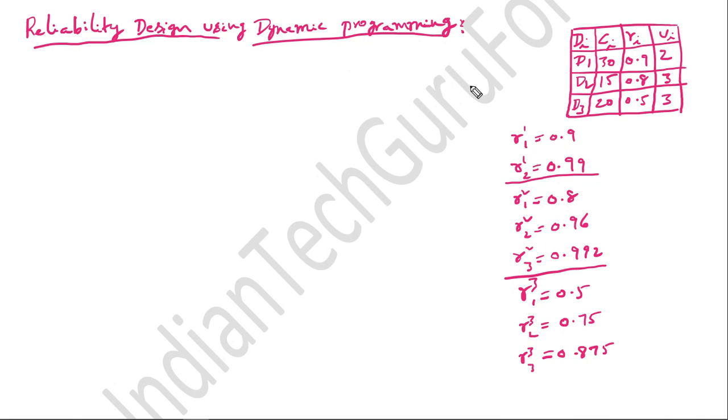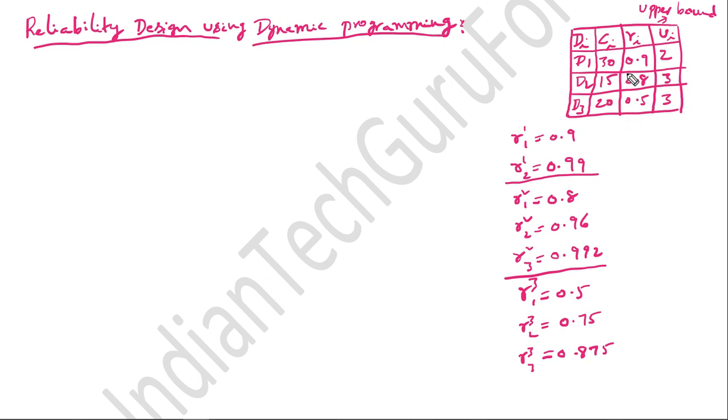So in the previous video, we have seen how to calculate the upper bound values. Here U represents the upper bound. The given values are how many devices there are, the cost of each device, and the reliability of each device.